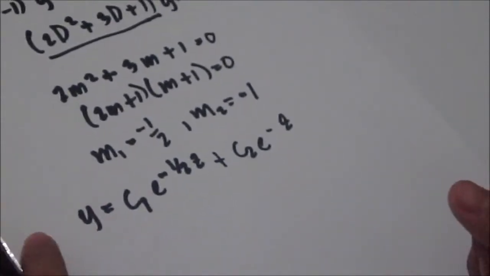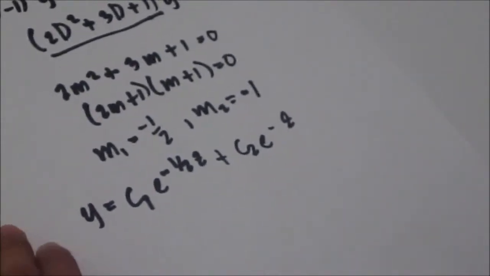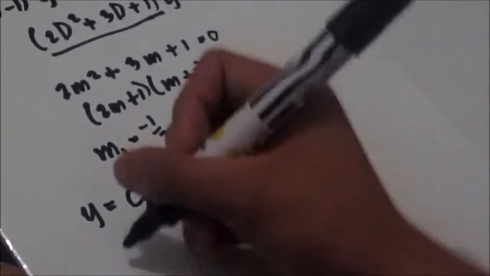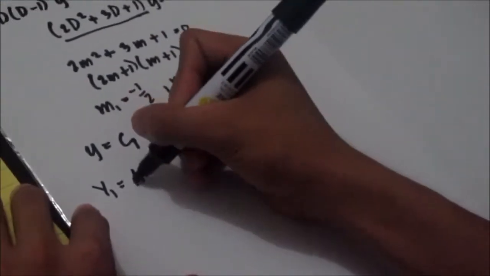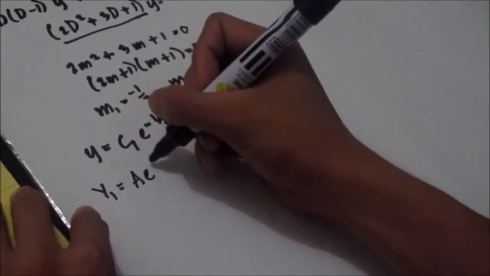The next step is finding the particular integral of the right side of the equation. So we will let y1 be a e to the z.